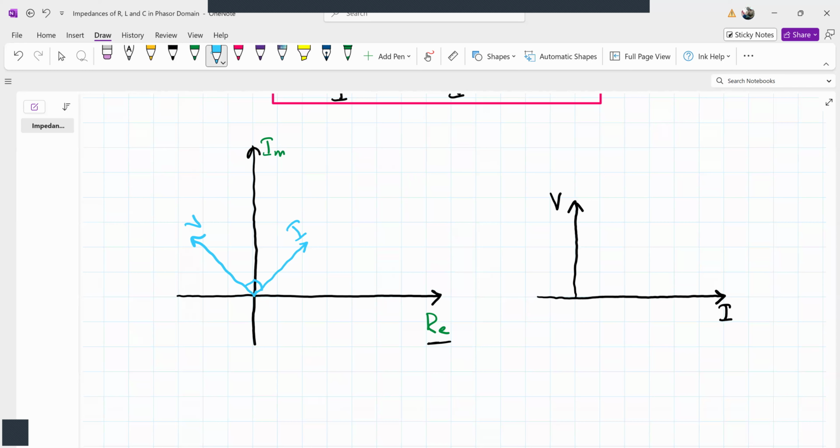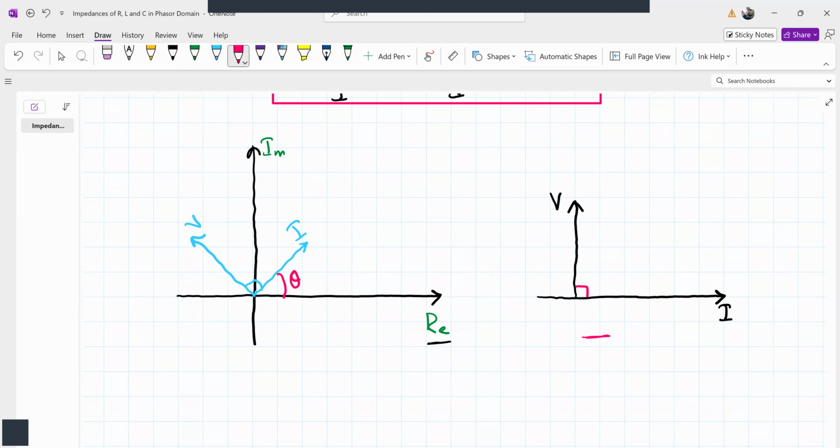And what is this angle? This angle is theta. Here I am assuming my reference is this current. That's the difference between the two diagrams. This is the general complex plane, but here I am starting with the current as the reference axis. I hope you understood.